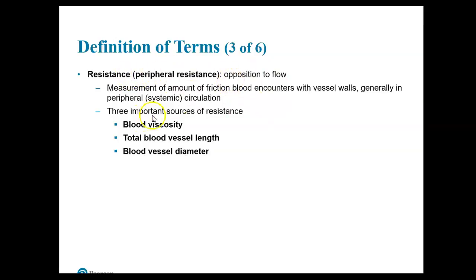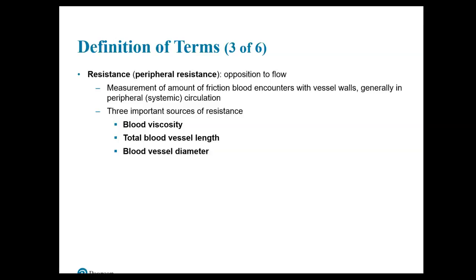Resistance to blood flow is going to affect blood pressure. So blood viscosity is a factor that increases resistance. Blood viscosity is like how thick the blood is. When you're dehydrated, your blood is thicker because you have less fluid in your blood than you do blood cells.